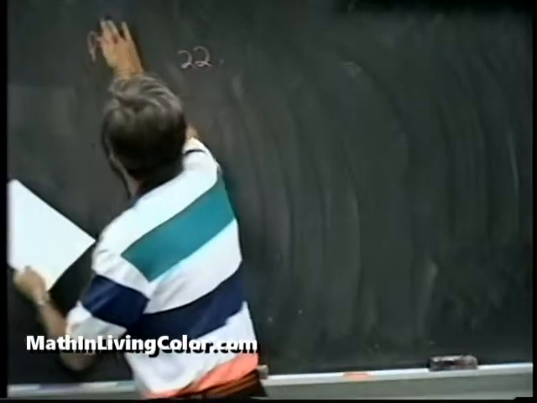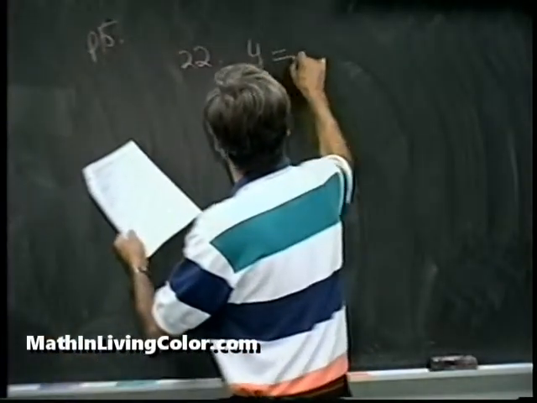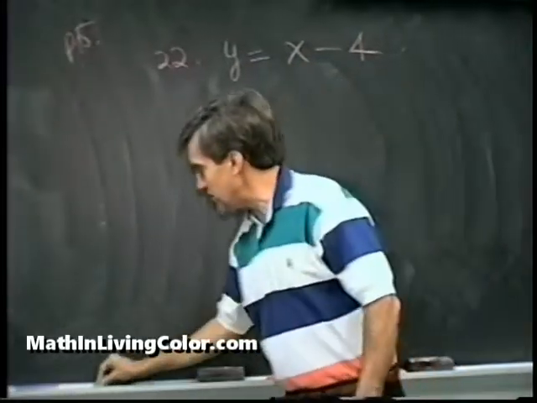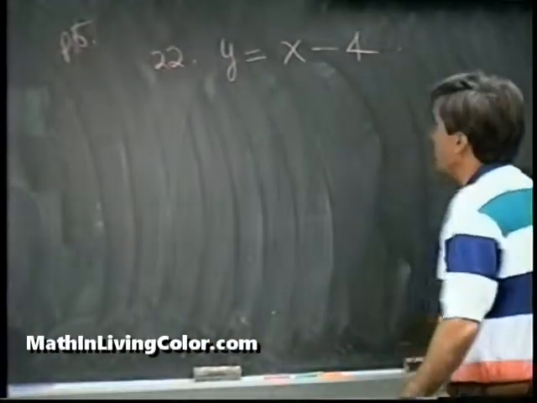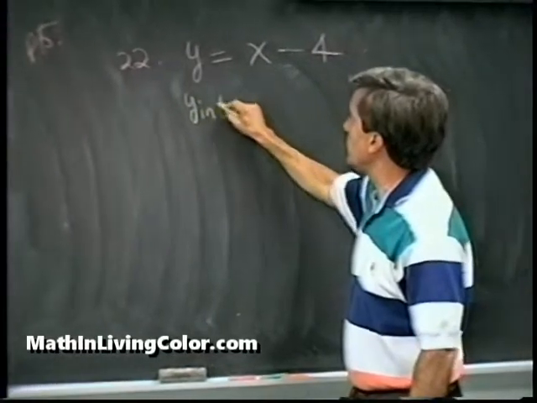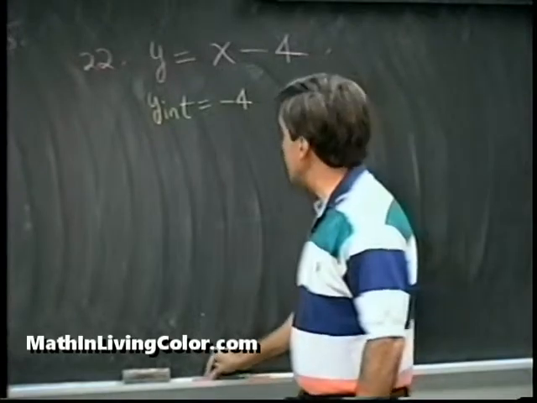On page 5, beg your pardon, page 5, it says y equals x minus 4. Now, what are the 2 things that you can tell by just looking at this problem? The y-intercept would be what? Negative 4.